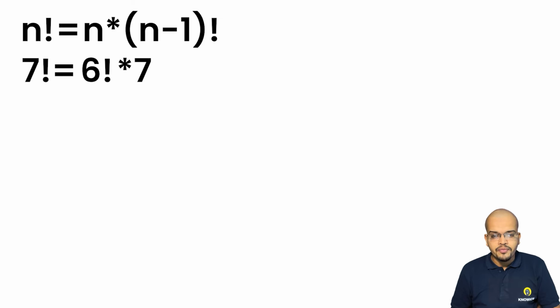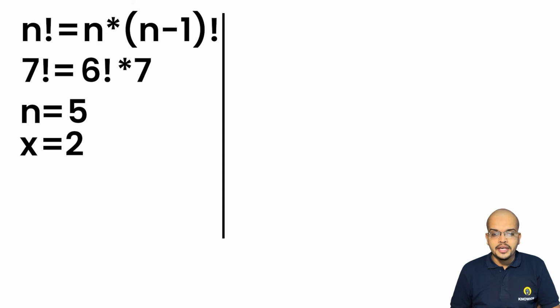In the same way, let me consider 2 variables or 2 elements, n and another one x. If I consider n equal to 5 and x equal to 2, the formula here is n plus x. We might have heard this, x factorial, n factorial, when we were studying in school.